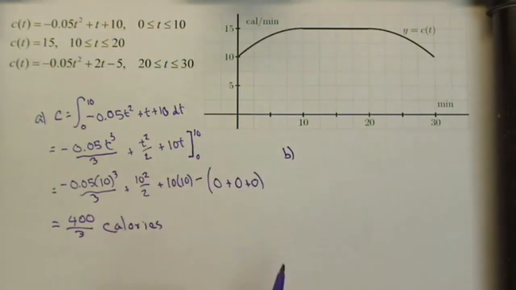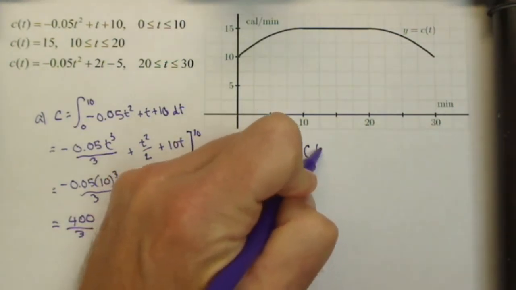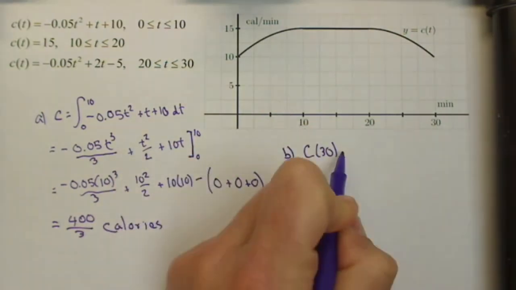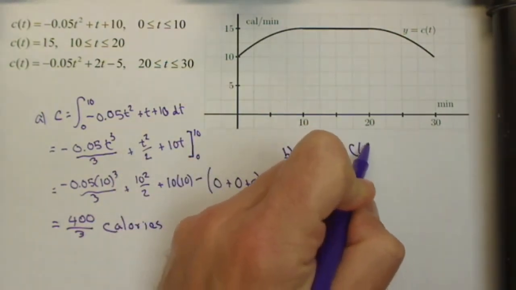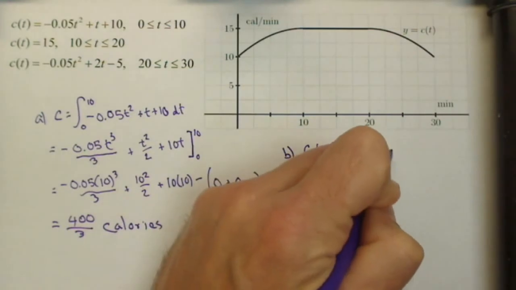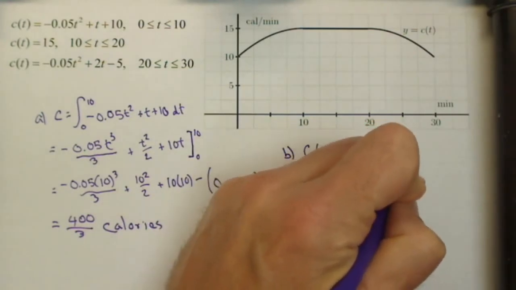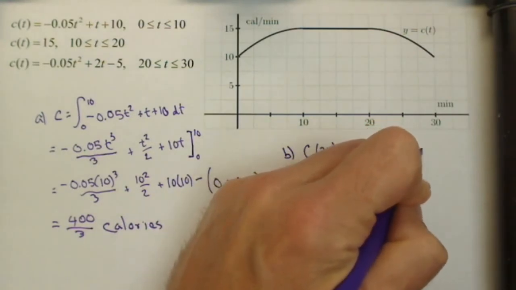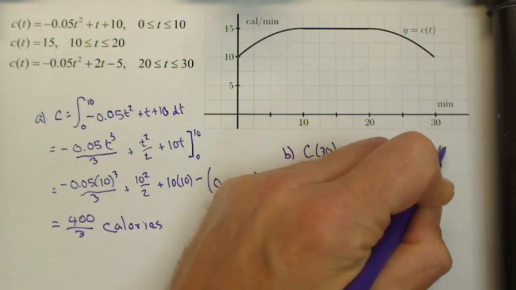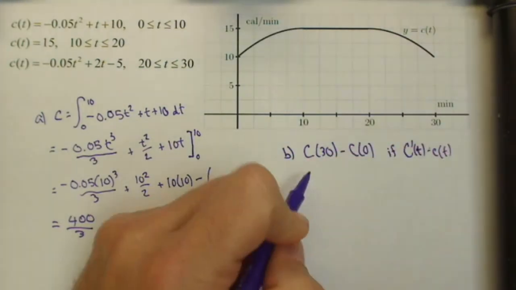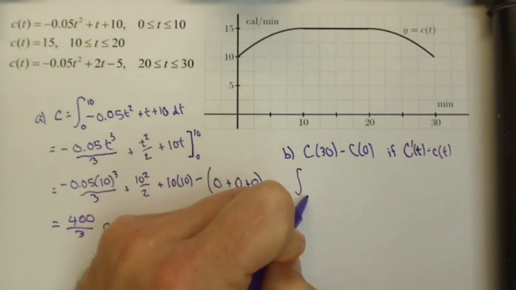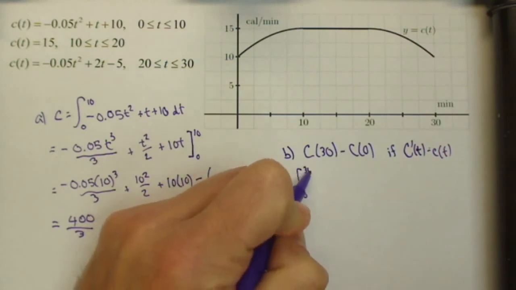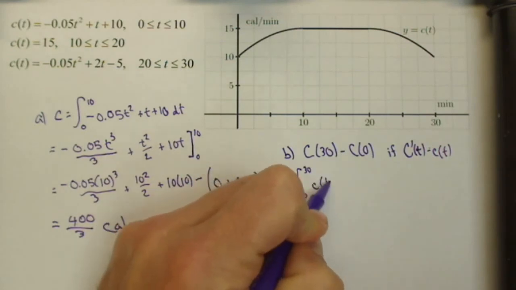Part B asks us about the meaning of capital C of 30 minus capital C of 0, where capital C prime of t is equal to little c of t. Well, this is going to basically be the fundamental theorem for 0 to 30 of our rate.